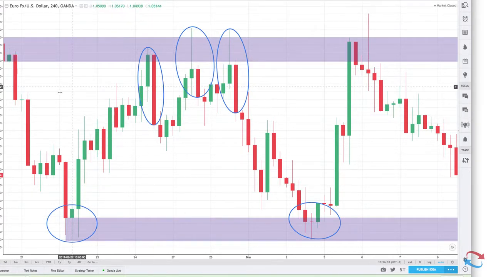Now, if you're looking for a reversal, look for bullish pin bars at a level of support, and bullish engulfings at levels of support, and any bearish price action, so any bearish engulfing candles or inverted hammer candles at levels of resistance.